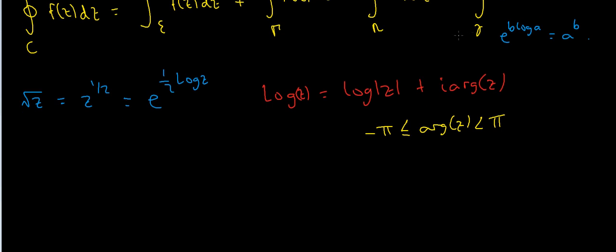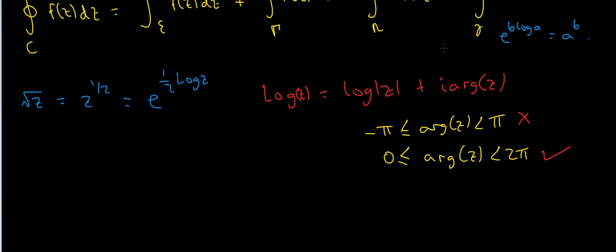So what does that mean? Instead of taking argument of z to be between minus pi and pi, I'm going to take the branch cut to be along the positive real axis. So I want 0 to be less than or equal to argument of z, which is less than 2 pi. So you can forget about the other one, and we are taking this one.